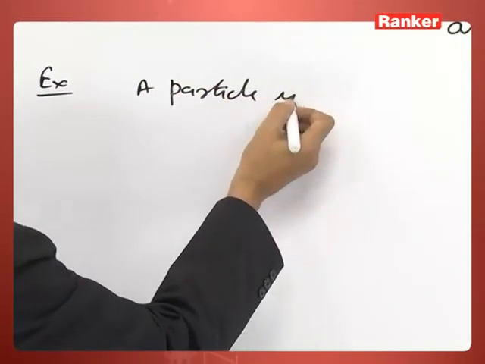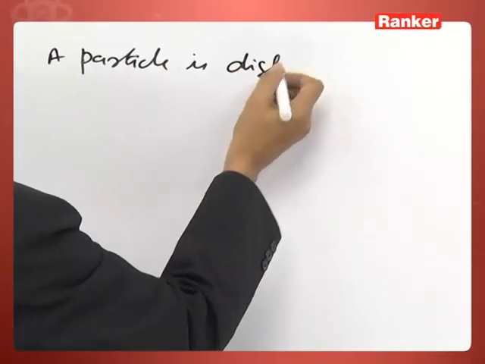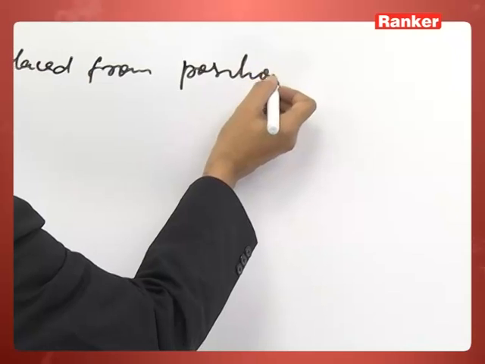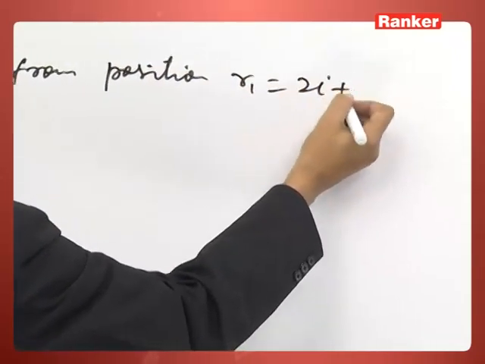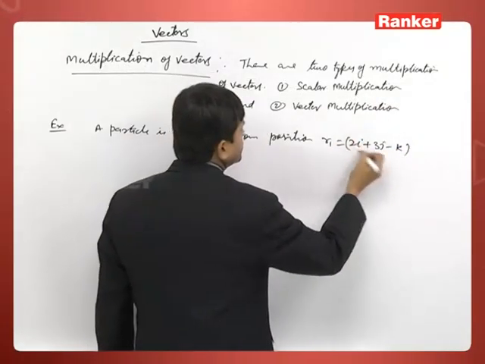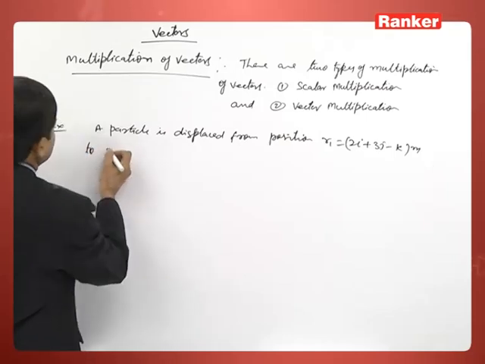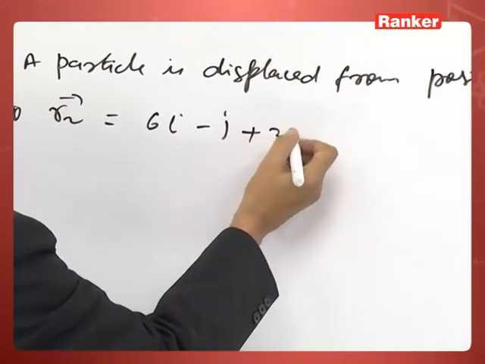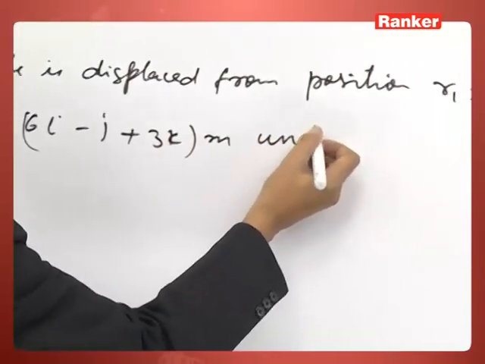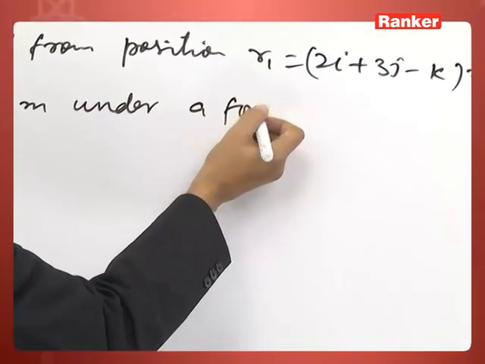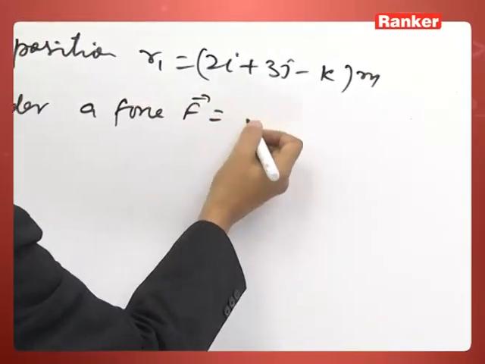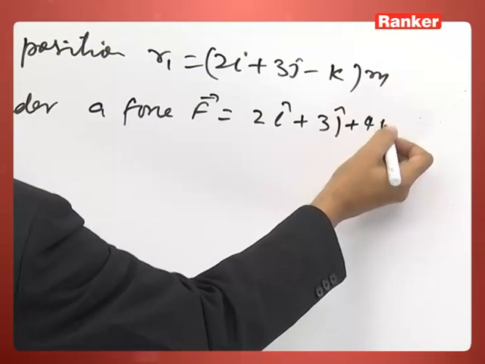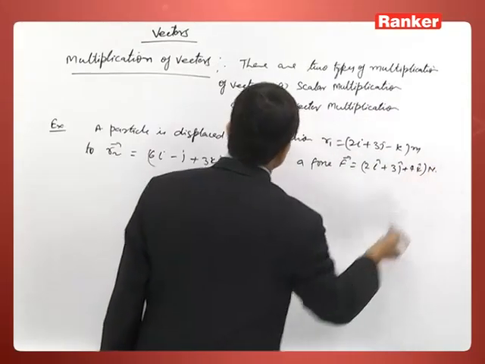A particle is displaced from position r1 equals 2i plus 3j minus k meter to r2 equals 6i minus j plus 3k meter under a force F equals 2i cap plus 3j cap plus 4k cap Newton.